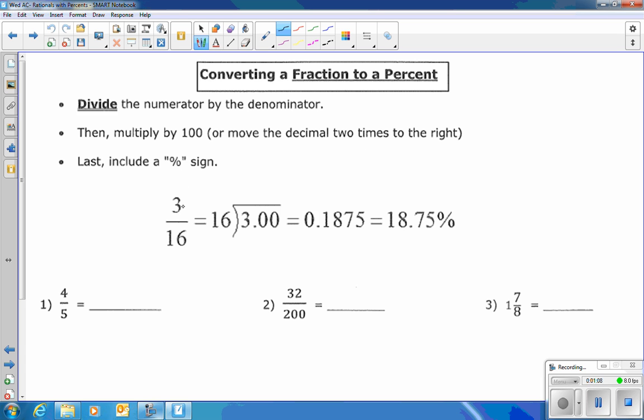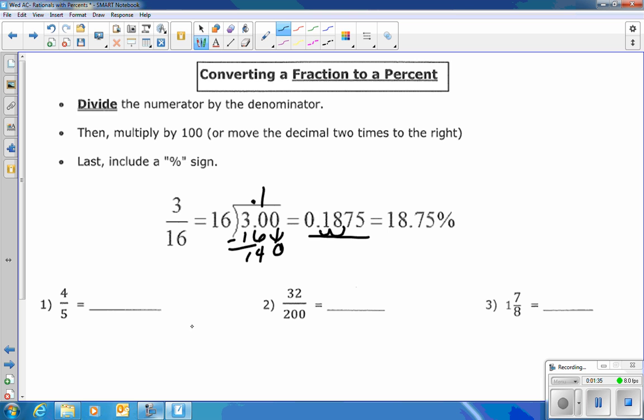So 3 divided by 16: 16 goes into 30 one time, and you have 14 left over. Bring down your 0, and you continue this process until you get the decimal. From the decimal form, you multiply by 100 because all percents are out of 100, which gives you 18.75.